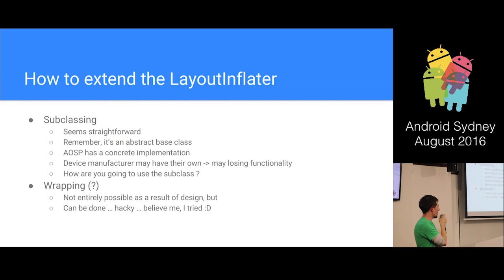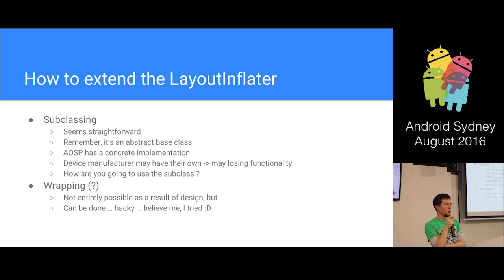So then the question is how to extend this to inflate your own layouts without having the package prefixes. And eventually, how can you apply a font to a TextView without actually needing to instantiate the view class itself? Because if you think about it, let's say you only want to support TextView.